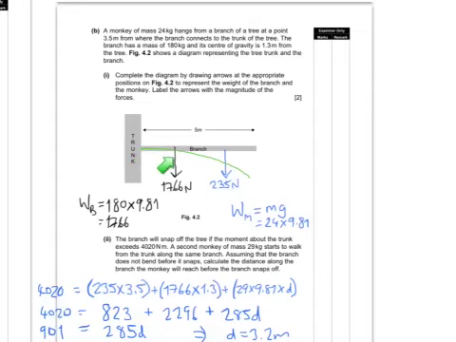Their perpendicular distance is getting smaller, so that means the moment, the turning effect of these forces, is also going to get smaller. So a bigger turning effect from the second monkey is then needed to get our 4020 newton meters.